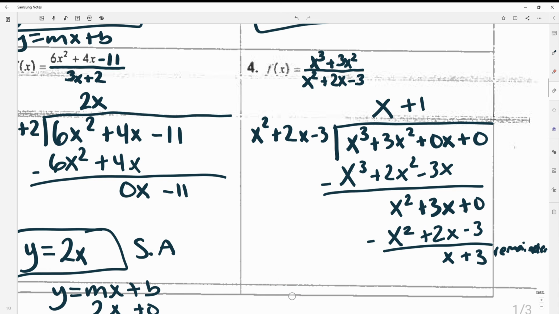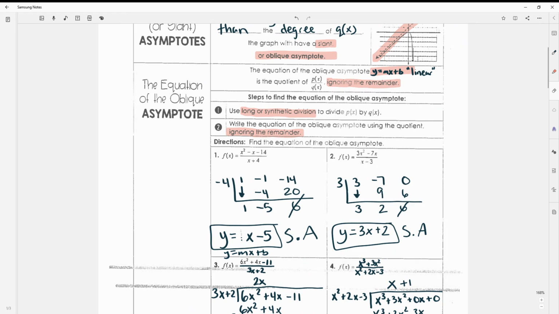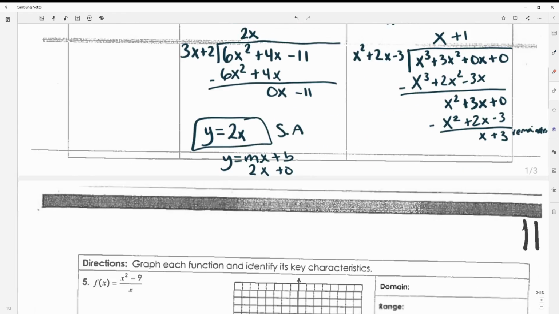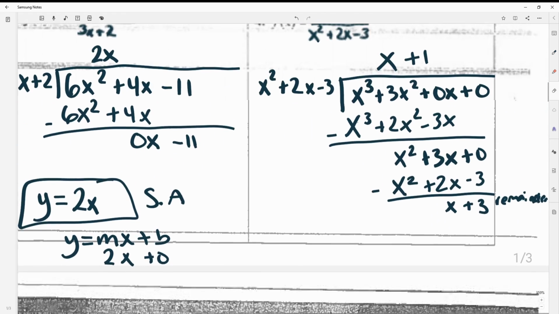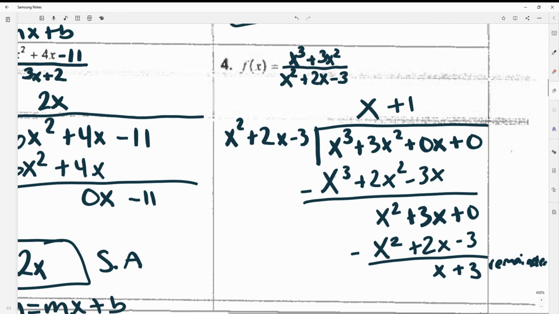So remainders are important, but for slant asymptote purposes, it tells us to ignore the remainder. I don't really care about that leftover piece. I just care about this top piece in the answer. So my equation for my slant asymptote is x plus 1.